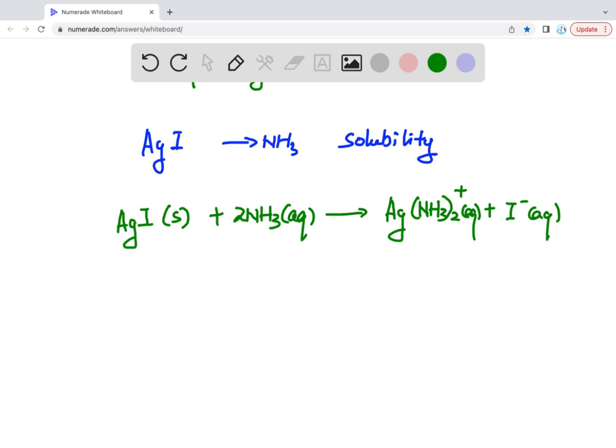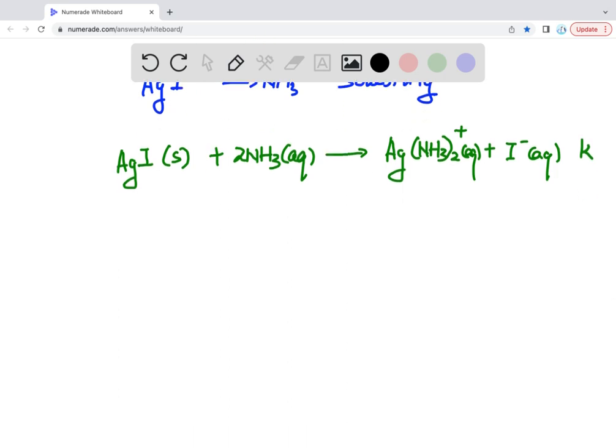That means we actually need the K, the equilibrium constant of these reactions. How can we get the equilibrium constant for this reaction? We can utilize the information given by the question. First it says the Kf of the silver ammonia.